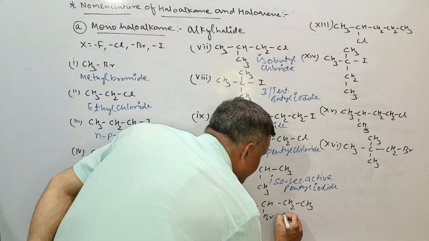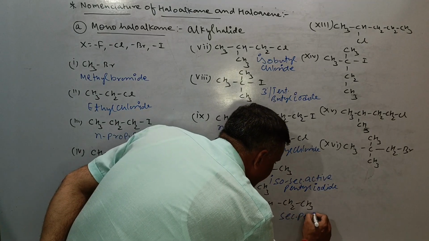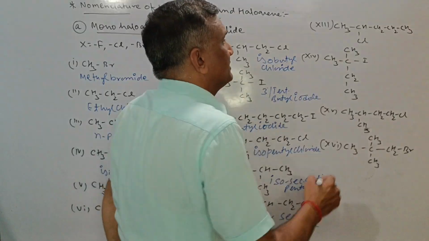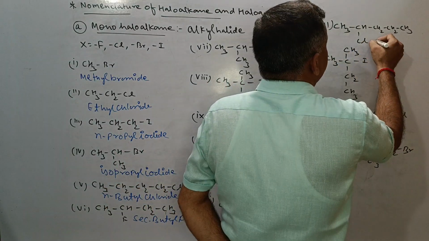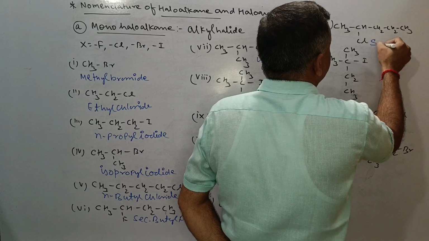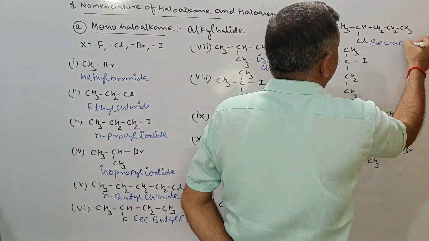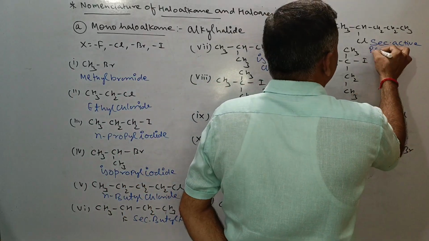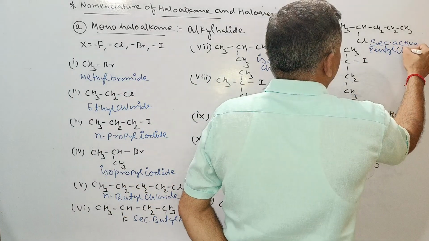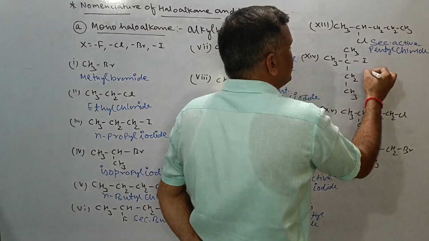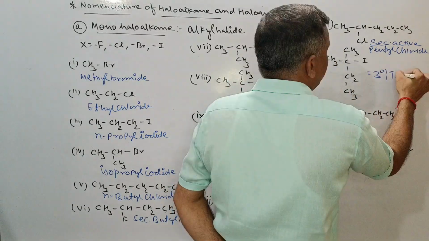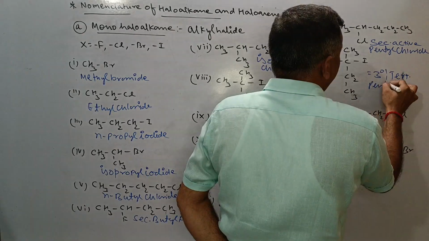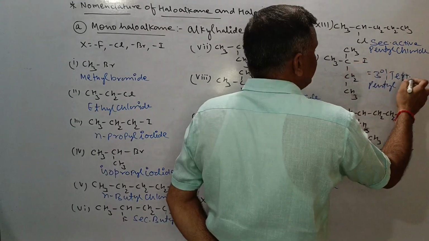For this it will be secondary pentyl iodide. This will be secondary active pentyl chloride. This is the 3 degree or tertiary pentyl chloride. Here is your neo iodide.